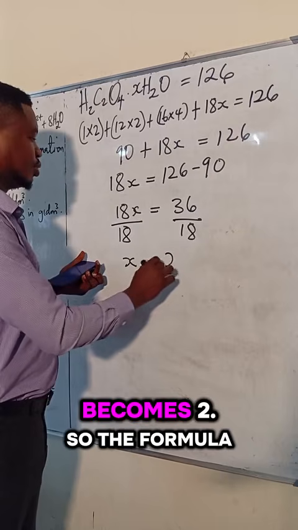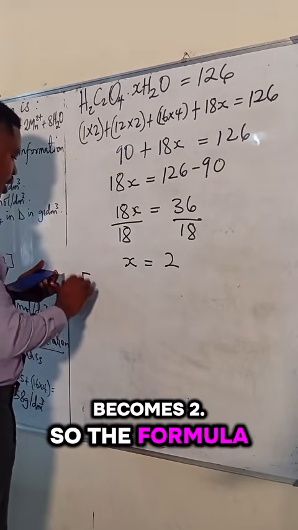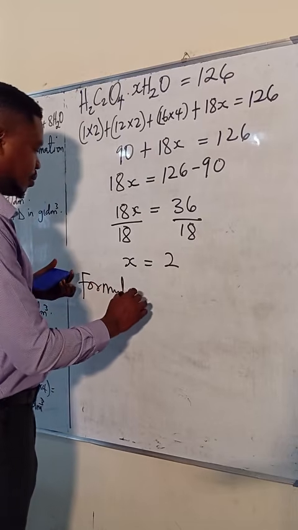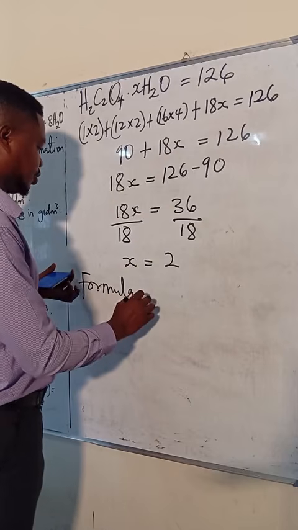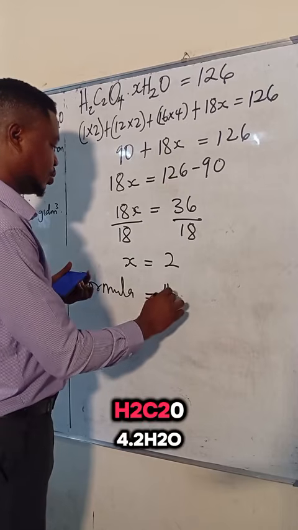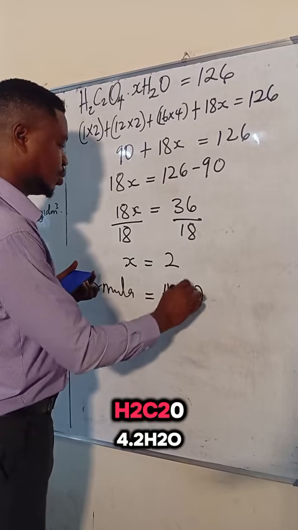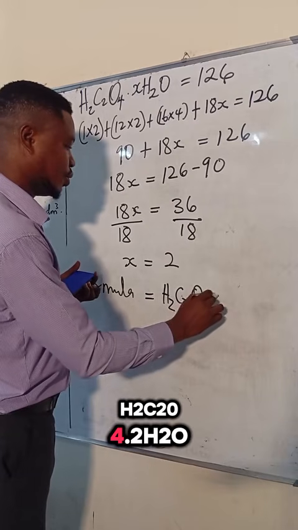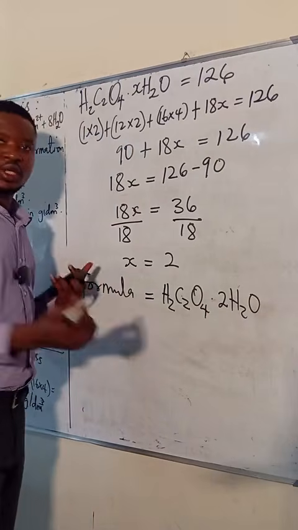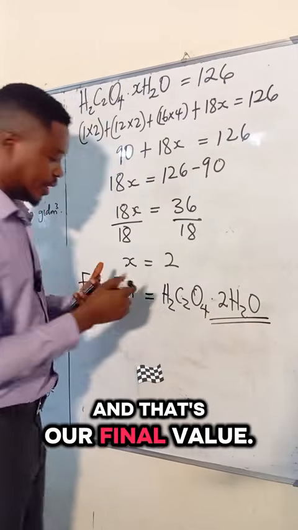X becomes 2. So the formula becomes H2C2O4.2H2O, and that's our final value.